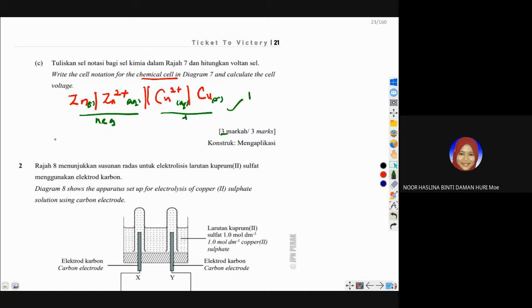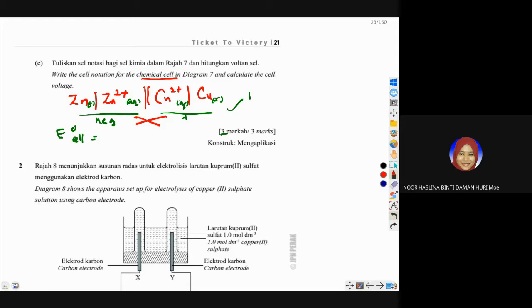So you can remember the second point, E0 cell. This one you have to check from your textbook, cathode and anode. Cathode or positive terminal minus negative terminal. For this calculation you must remember it will be reversed. Positive minus negative terminal.